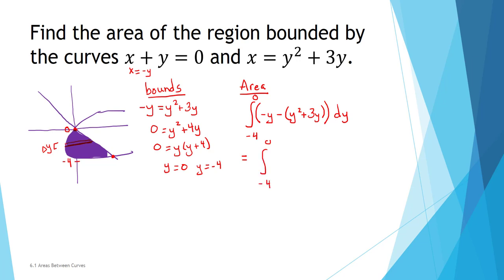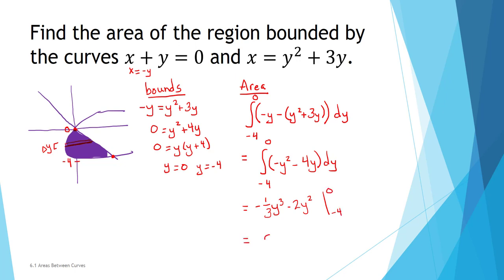To finish this off, we're going to simplify our integrand. We have negative y squared minus 4y dy. Our antiderivative is negative 1/3 y to the third minus 2y squared. We're going to evaluate from negative 4 to 0.